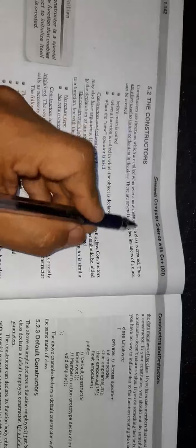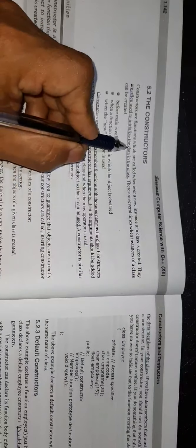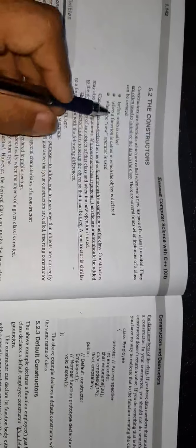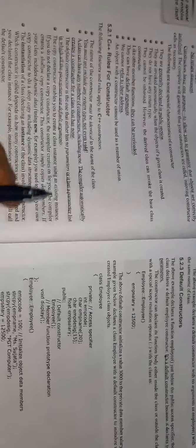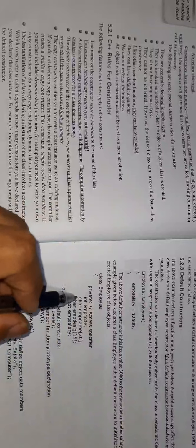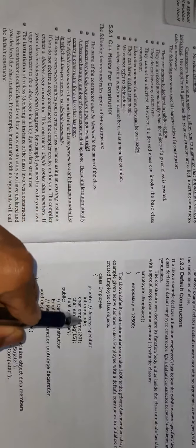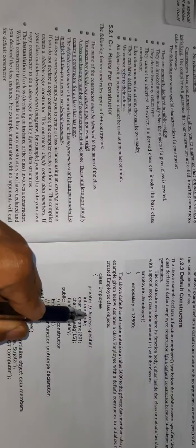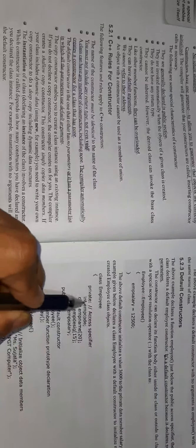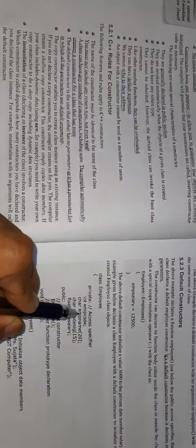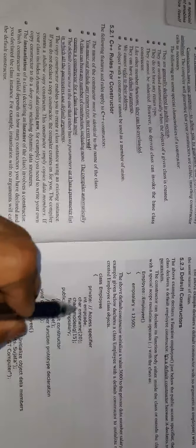They are often used to initialize the data in the class, that is, the data members. In this particular example, this is the class name, employee, so the role of the constructor is to initialize these data members.